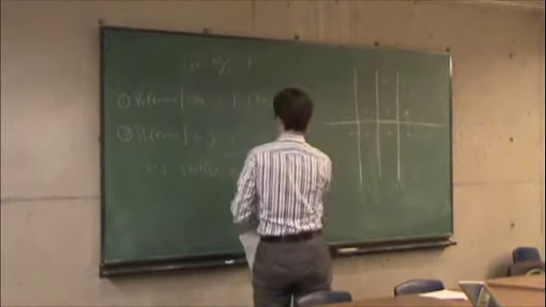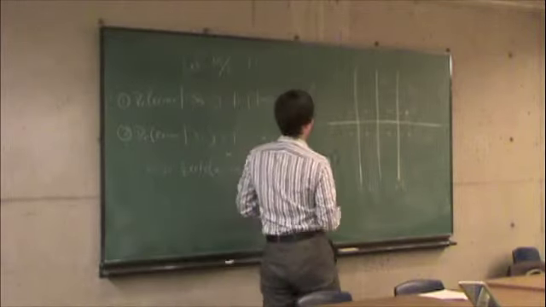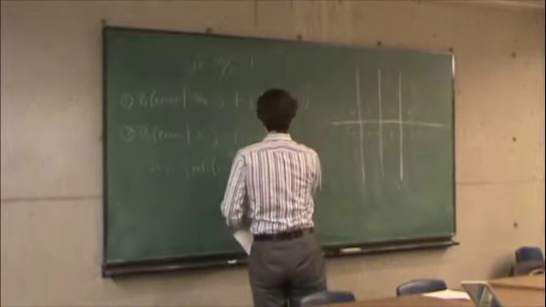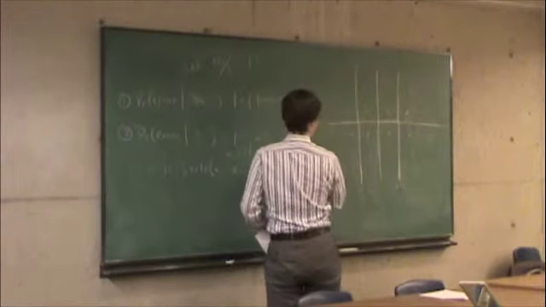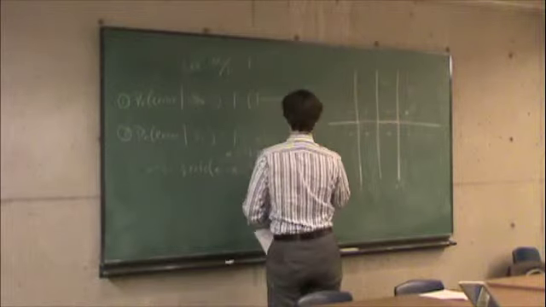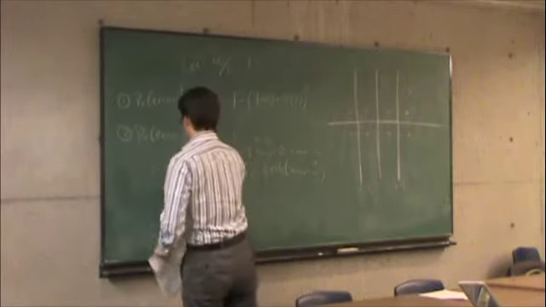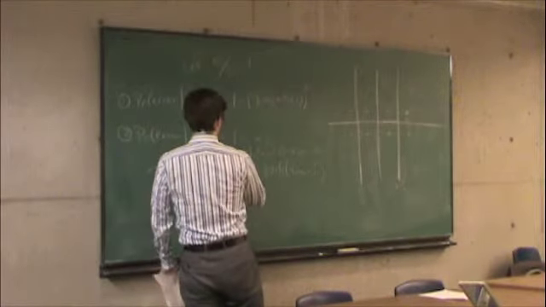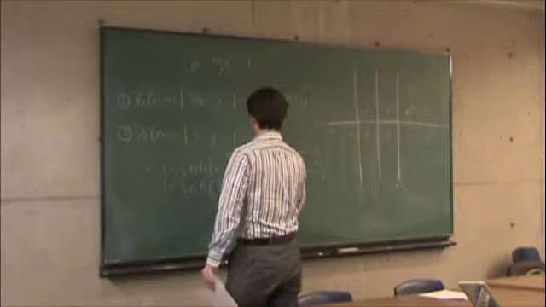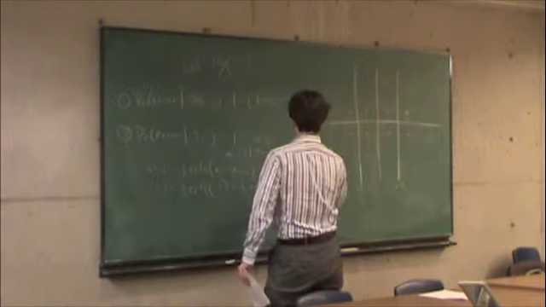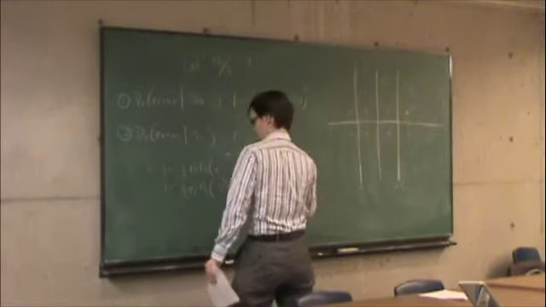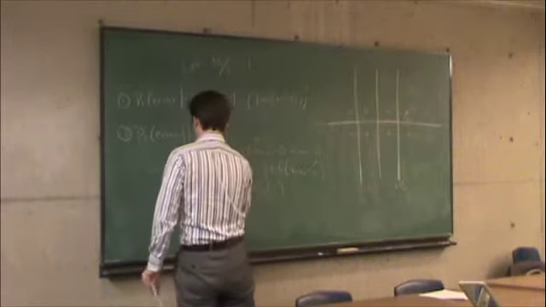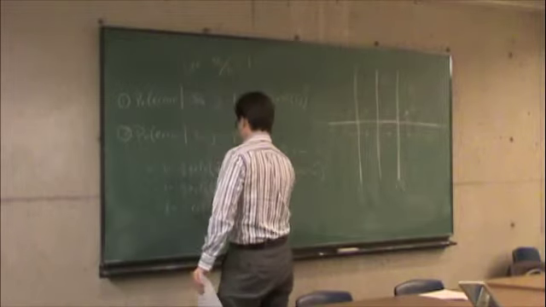What's x min? x min is the minimum value in x of the Voronoi region, 0. And x max is 2. So we get 1 minus 1/2 erfc of (alpha I minus x min is 1) minus 1/2 erfc of (x max 2 minus 1 is 1), which is actually 1 minus, not 1/2, 1 minus erfc of 1.